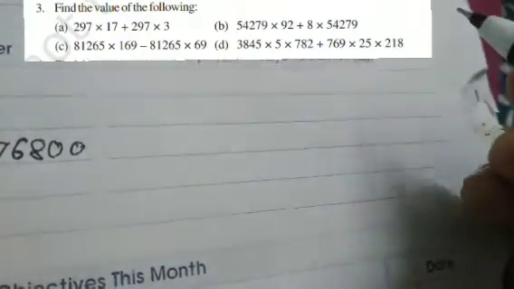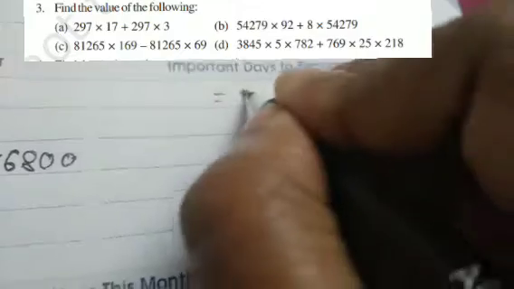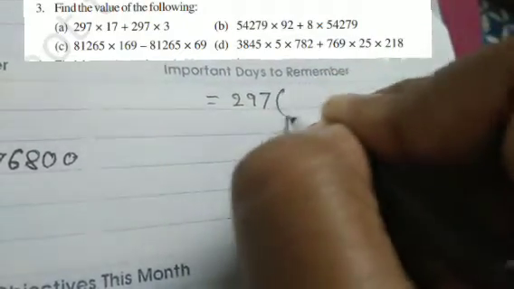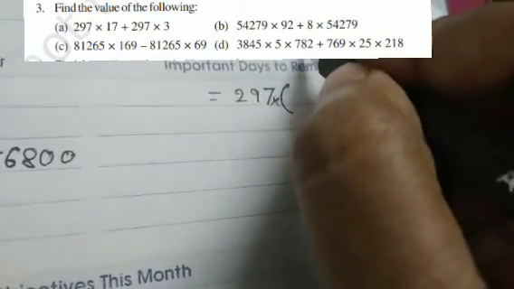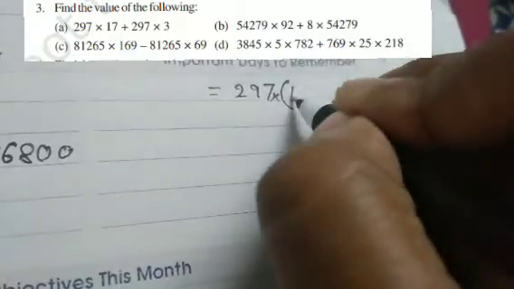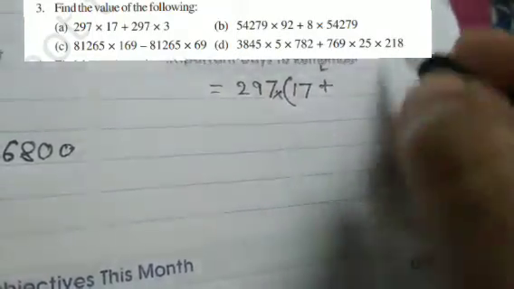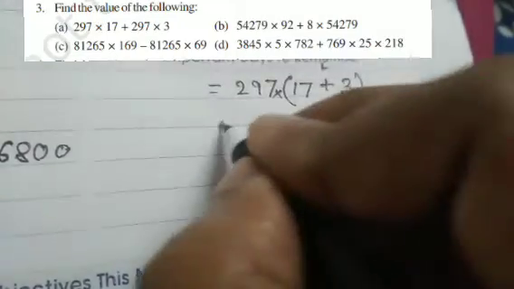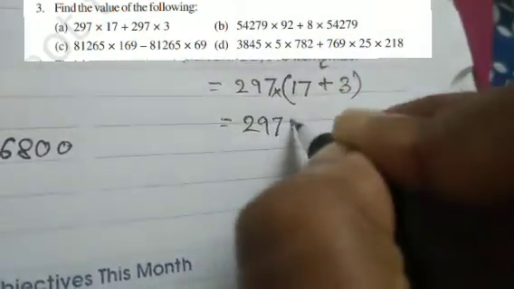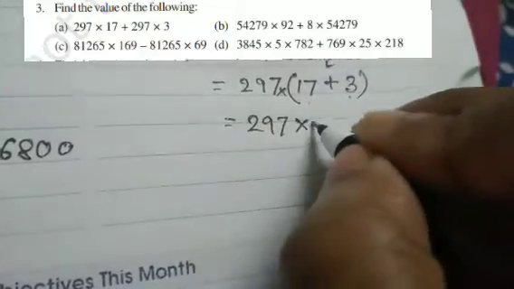As 297 is common to both, I have taken 297 outside. Then I have 17 plus 3. So it is 297 into, what is 17 plus 3?